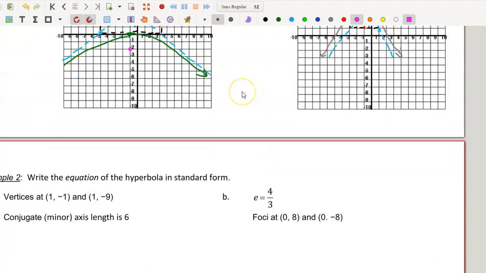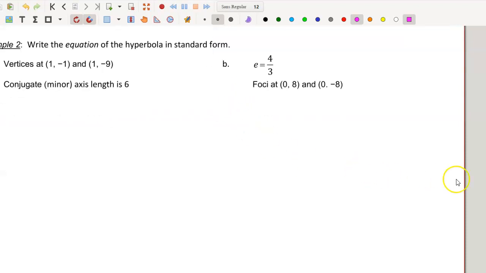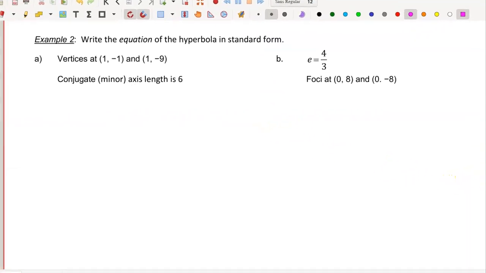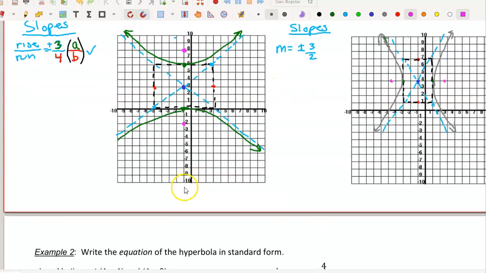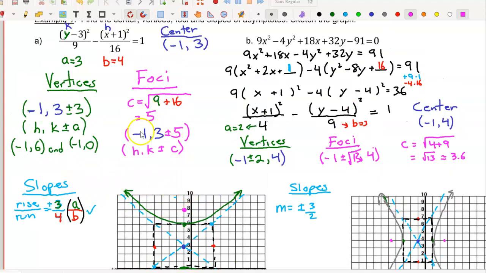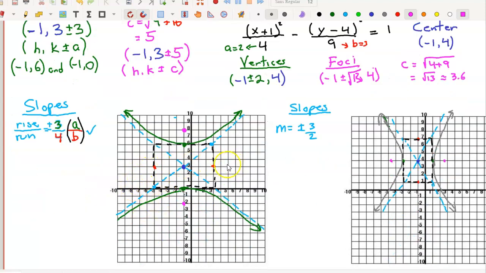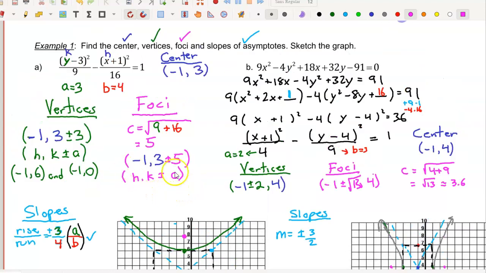Alright, let's get over to the next page, and these are going to be the shorter problems where you just have to do maybe a little sketching, but our goal is to get the equation in standard form. So if I give you a foci or length, something graphical, you can work backwards.